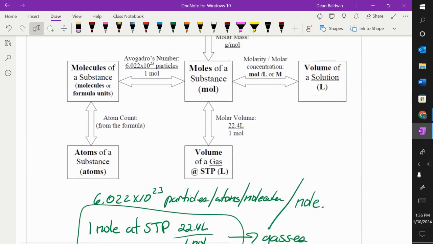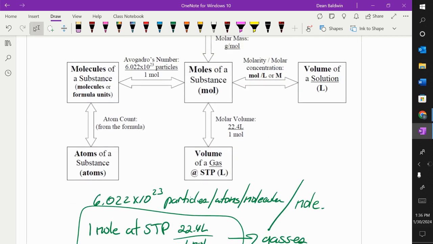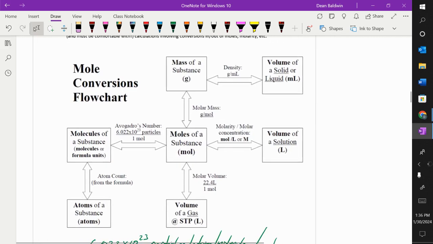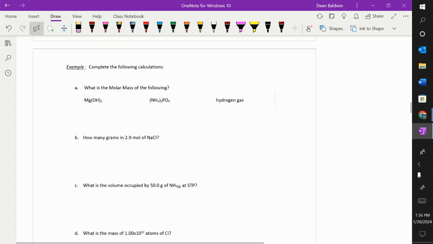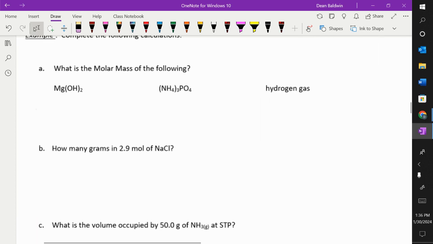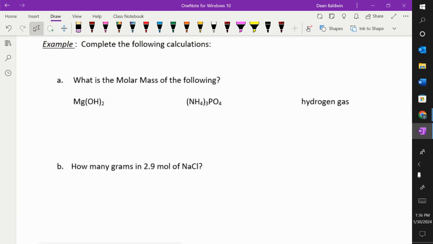This is all conversions. I don't like formulas for this because I just write it out, and if you think about it and cancel units, everything works out magically anyway. Okay, so molar mass. You're going to do this a lot in this class.